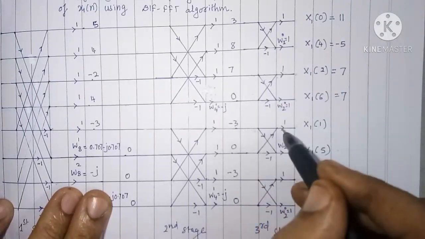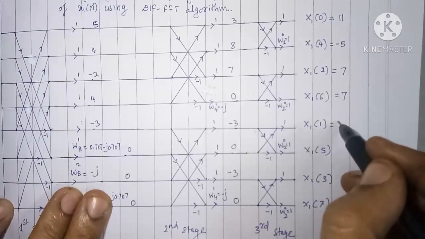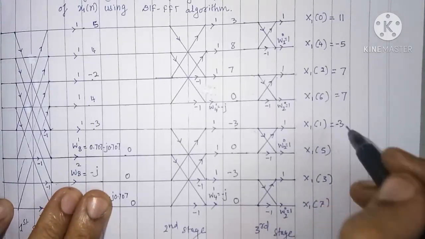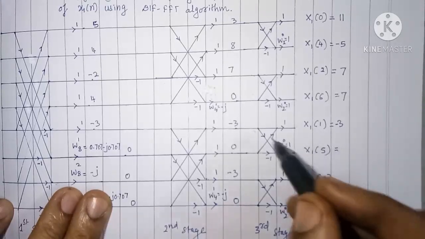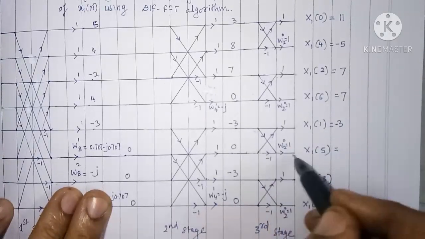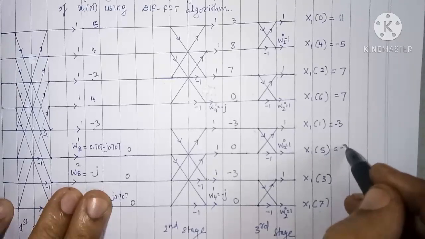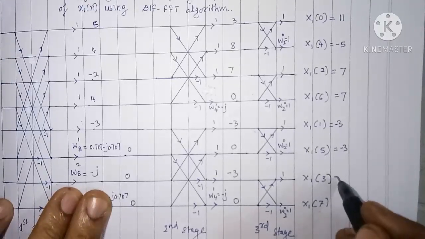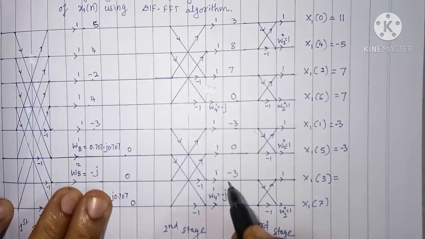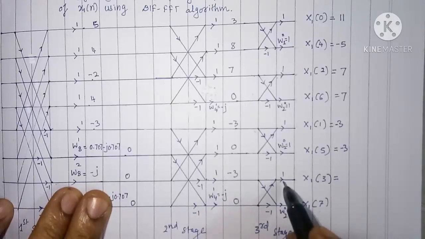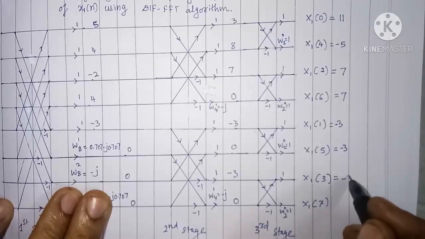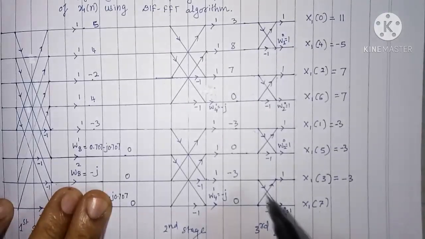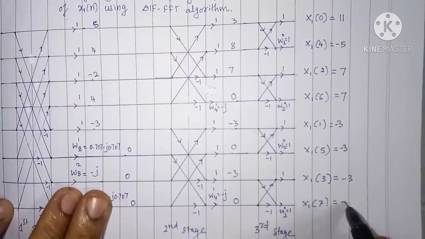Minus 3 plus 0 is x1 of 1, minus 3 minus 0 is again minus 3, that is x1 of 5, minus 3 plus 0, that is minus 3, minus 3 minus 0 is also minus 3.